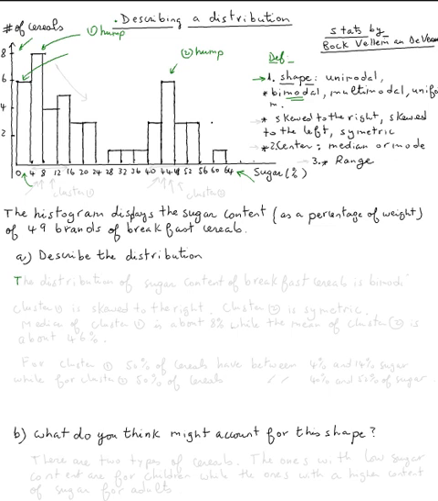So this is the distribution of the variable, sugar content of breakfast cereals, which is bimodal.